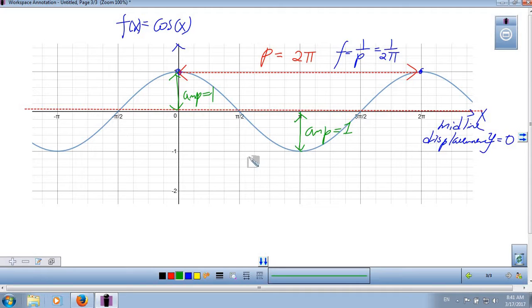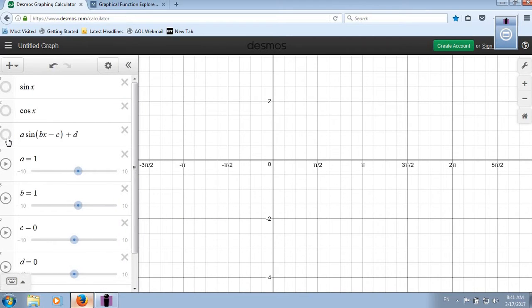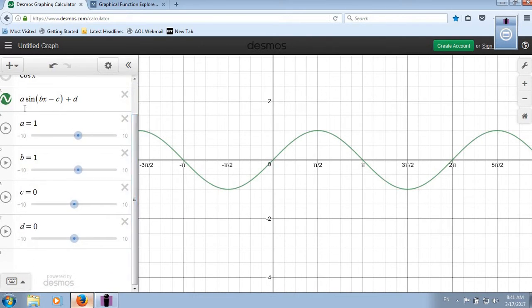All right, now let's take a look at some other examples on the website. We have an equation here I set up with different constants: a sine bx minus c plus d.